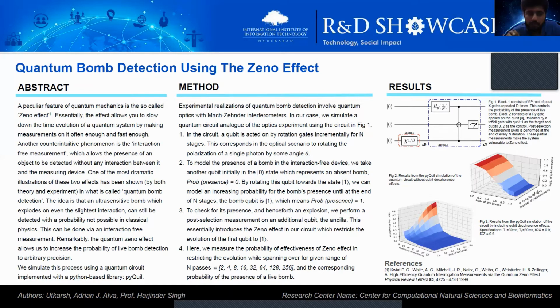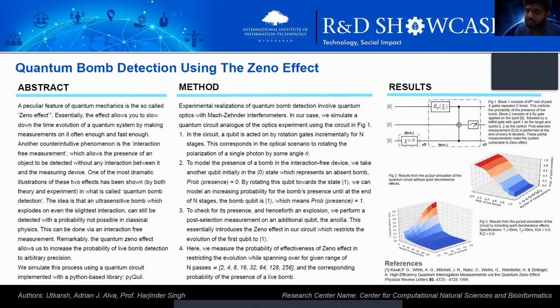That's where the Zeno effect comes from: the constant measurements in the long run overpower the sufficiently tiny rotations. So by increasing n, the probability becomes arbitrarily close to 1 that after these many measurements, my live bomb didn't explode and I can detect it using interaction-free measurements.